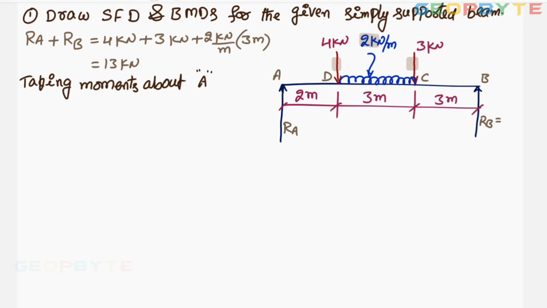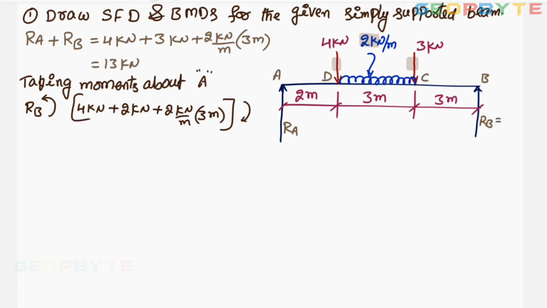With respect to A, look at the RB. RB is developing the anti-clockwise moments. The 4 kilonewtons, 3 kilonewtons, plus UDL 2 kilonewton per meter into 3 meters are all developing the clockwise moments.